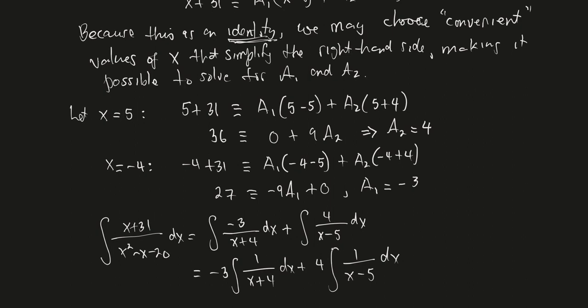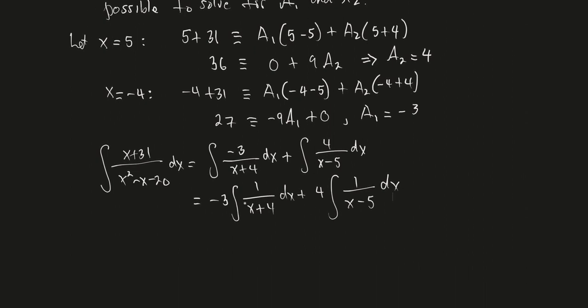Now, what will happen whenever you have simple linear factors? These antiderivatives will always be ln. Always, because you're not going to have anything raised to any power. So it's always going to be the ln. In this case, it's going to be -3 times the natural log of x plus 4, plus 4 times the natural log of x minus 5.